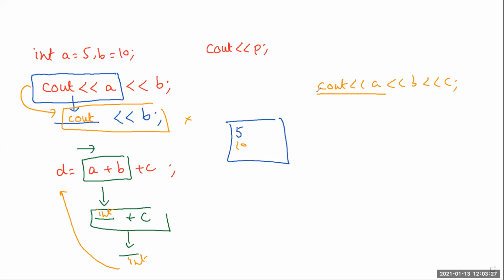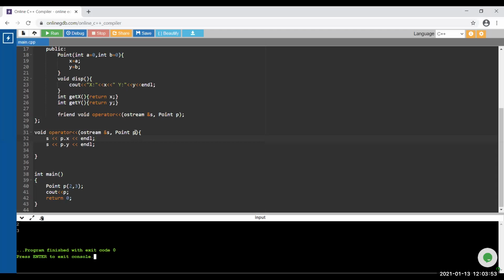If this is not returning anything, then you don't have anything here, and your statement would be just B, which is illegal. In that case, if the C++ compiler was not doing that, you would not have been able to print multiple variables in a single line. Now, if we want to implement the same thing in our program, let's get back to our program and see whether it can do this or not.